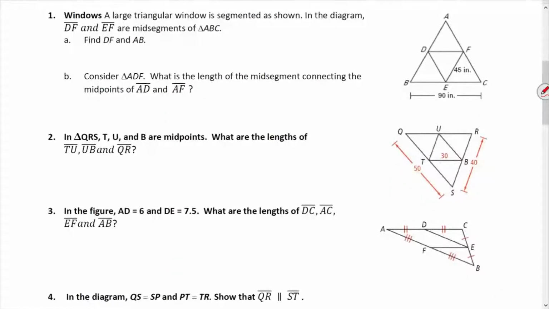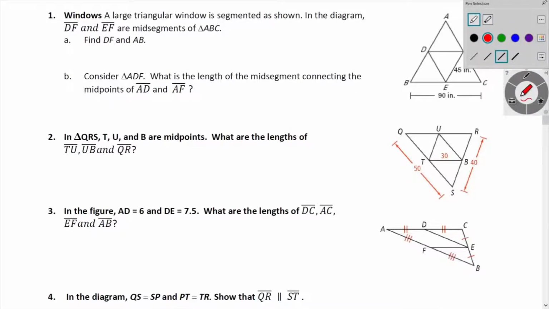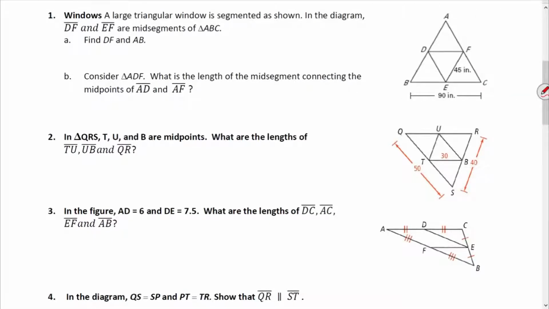Number one, a large triangular window is segmented as shown. In the diagram, DF and EF are midsegments of triangle ABC. I need to find DF. This segment right here is DF. That is a midsegment because they said so.